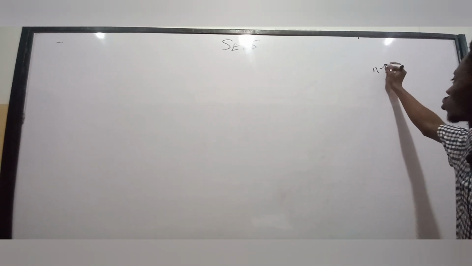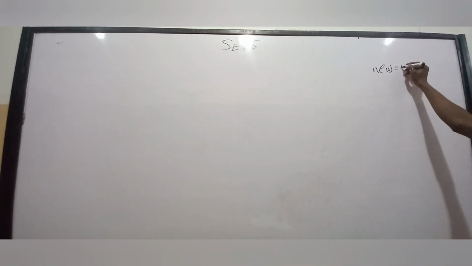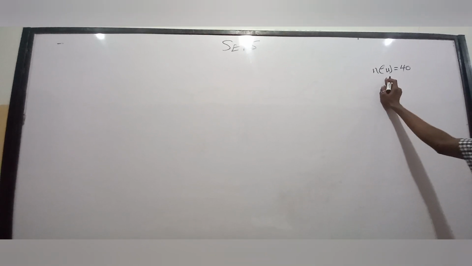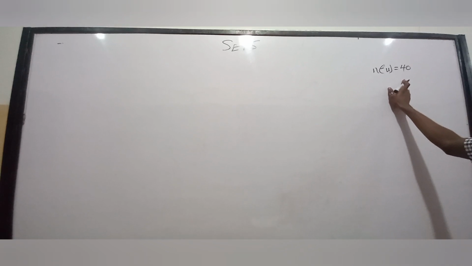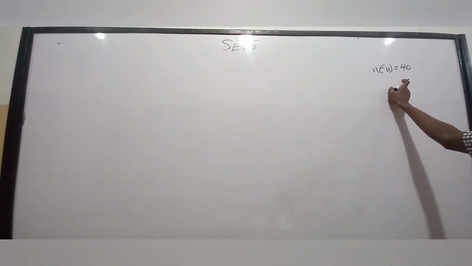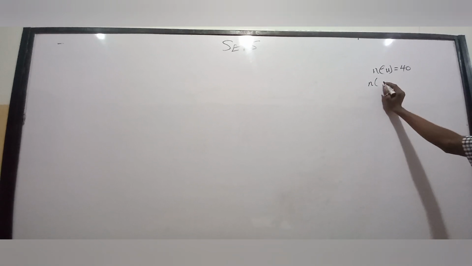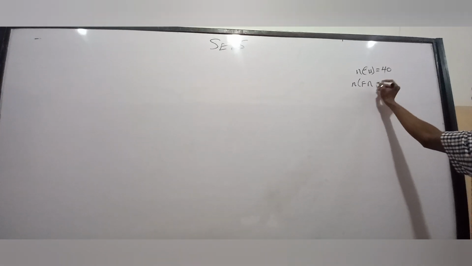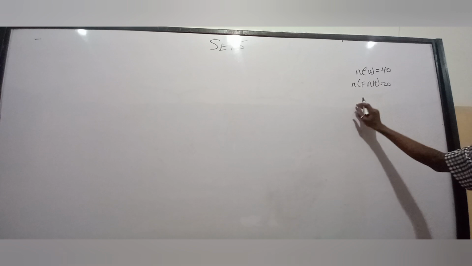The number of students in the class, which is the union, is 40. And out of the 40 students, it says that 20 study both subjects. So 20 of the 40 study French and history. Okay, there are 20.